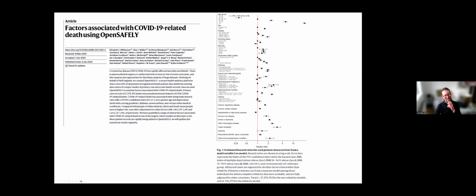This is a multivariable model, and I will say that these authors were given, in my view, quite unnecessarily hard time by the electronic health records community. Elizabeth Williamson, the first author, understands causal inference perfectly well and understands the so-called Table 2 fallacy perfectly well.